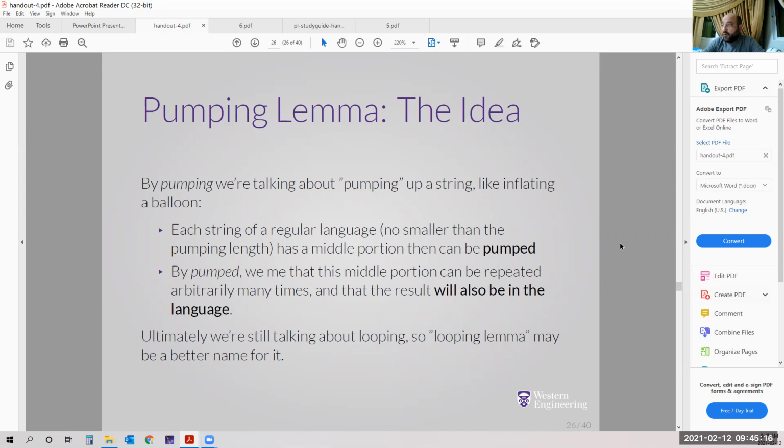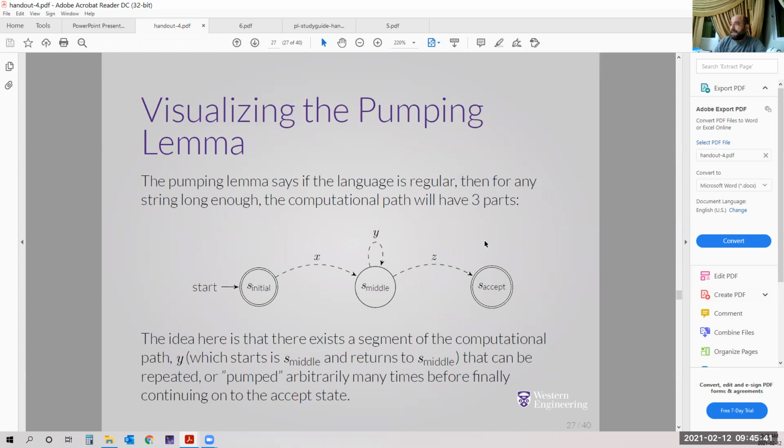By pumped, we mean that this middle portion can be repeated arbitrarily many times, and the result will also be in the language. Ultimately, we are still talking about looping, so looping lemma may be a better name for it. This is the suggestion of Professor S6. Call it looping lemma, not pumping lemma.